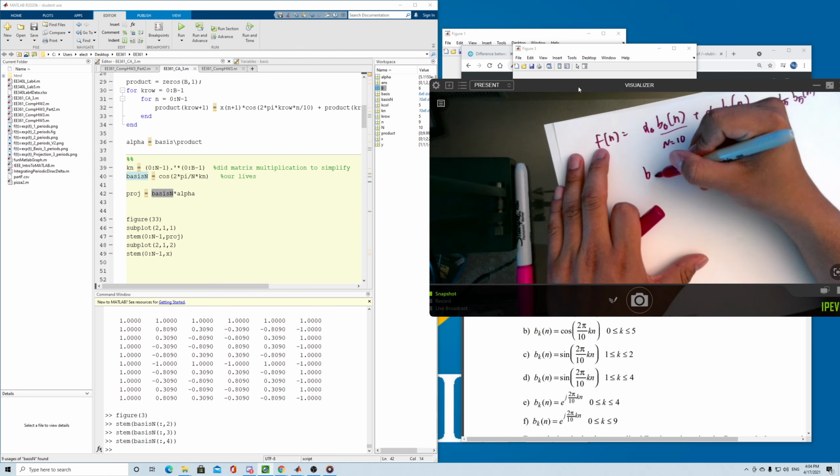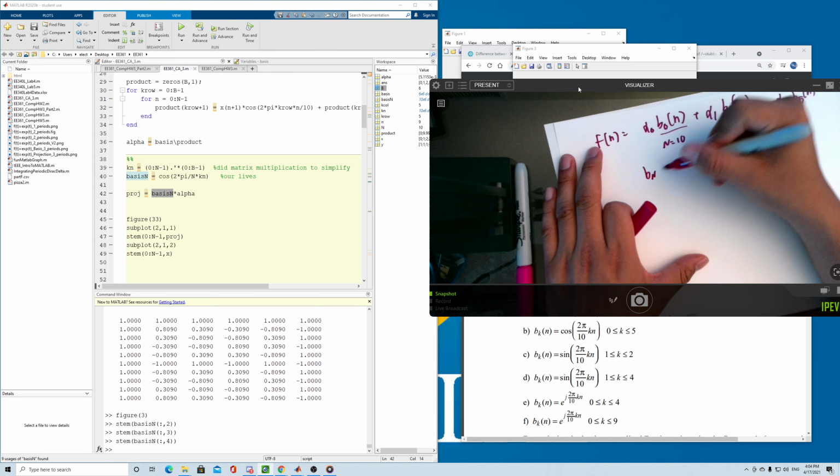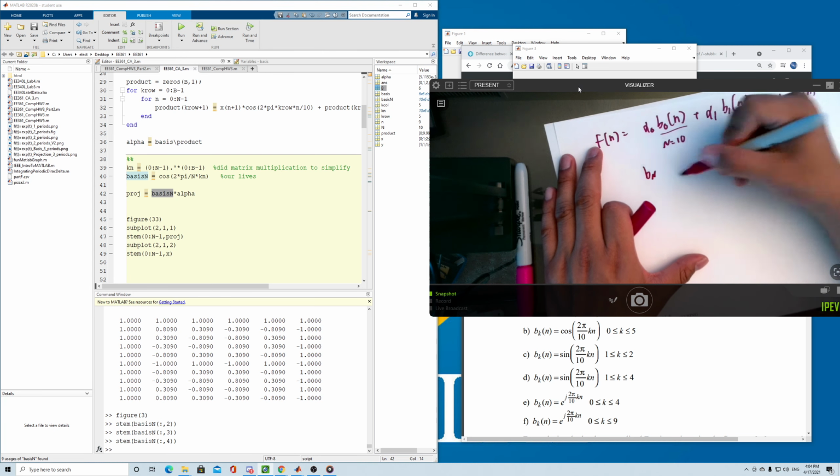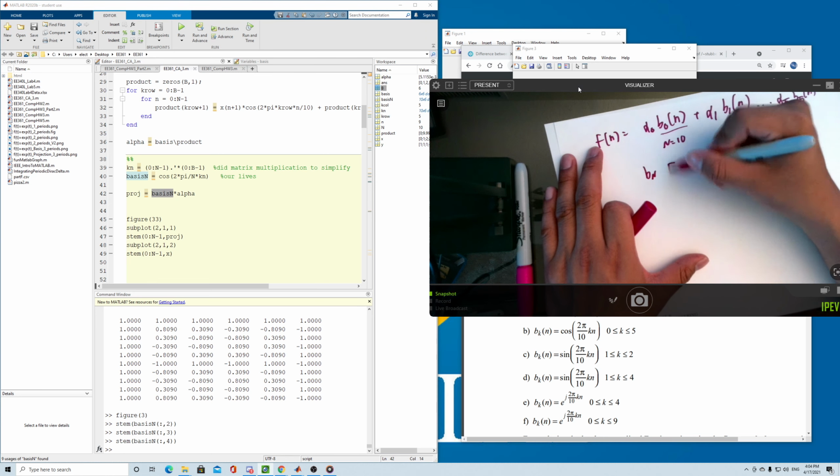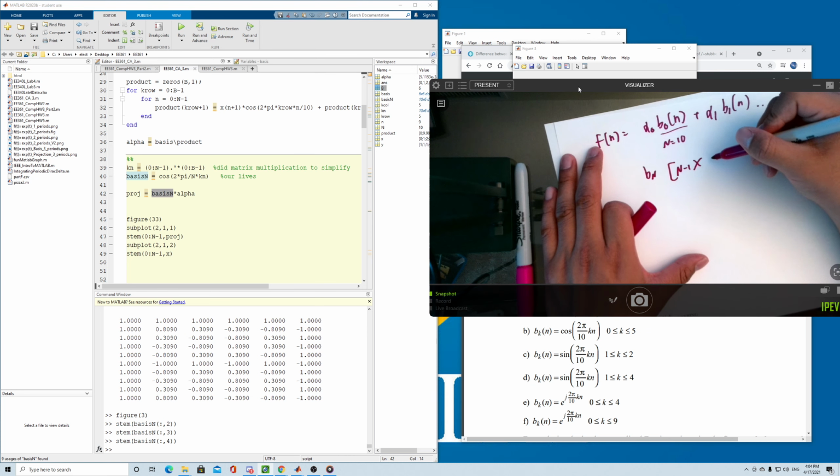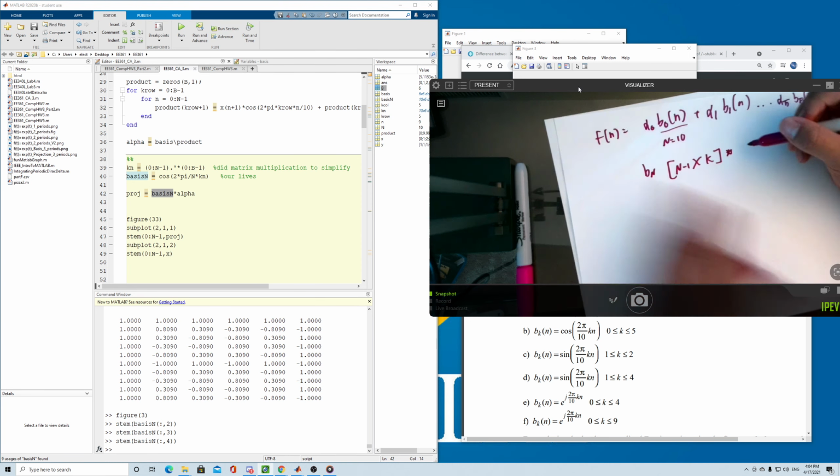Basis n, I'm going to call it, which is going to be n minus 1 by k, because that's how many basis functions.